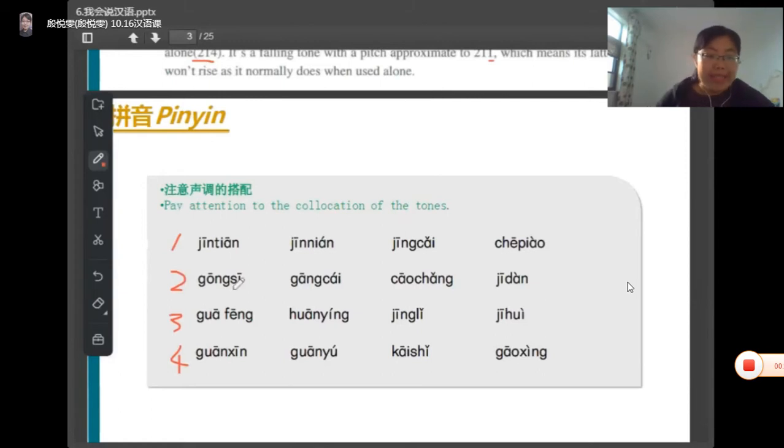First one, 今天, today. And 今年. Last class we learned 今年. What's the meaning of 今年? Please show me in the chat box. This year.